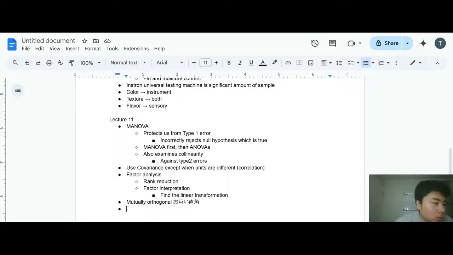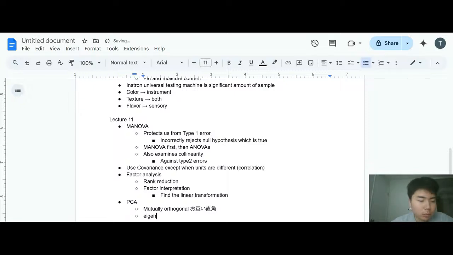So eigenvalues associated with PC, this is known as PCA.